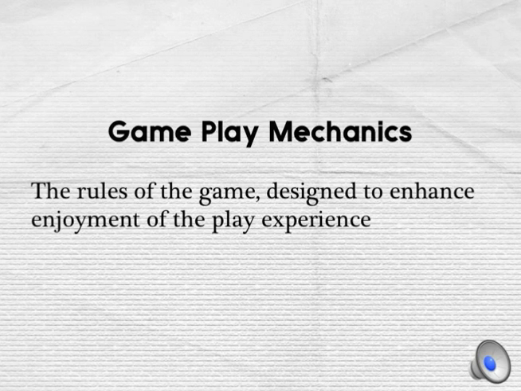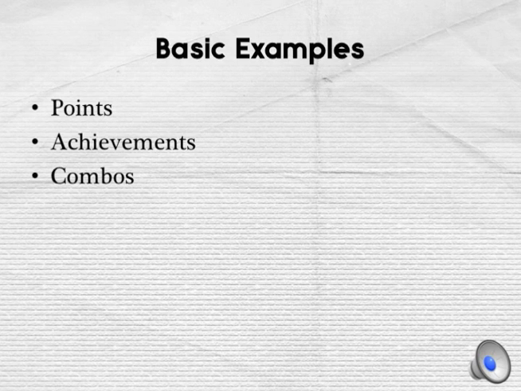Although maybe if your game has a learning goal or something, the mechanics might be modified for another goal. So some basic examples. Points. How many points do you have? I mean, that's one of the most basic gameplay mechanics there is. Achievements. And this is something that we've seen more and more coming back. But a lot of these concepts aren't really as new as you would think, like combos.